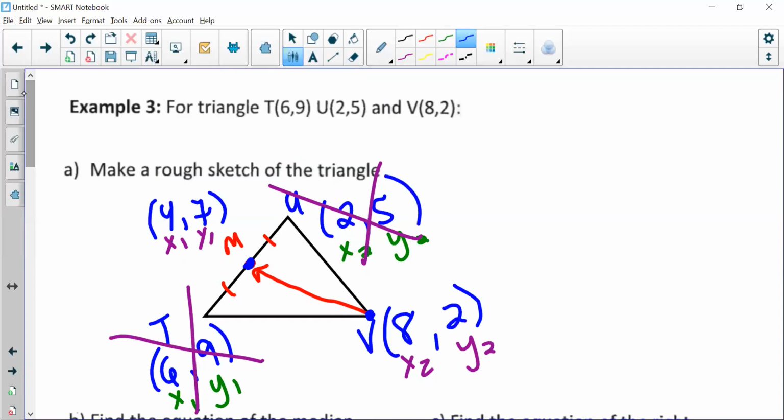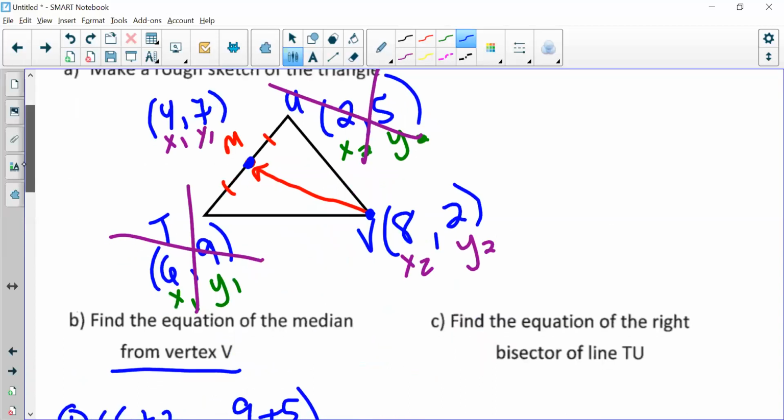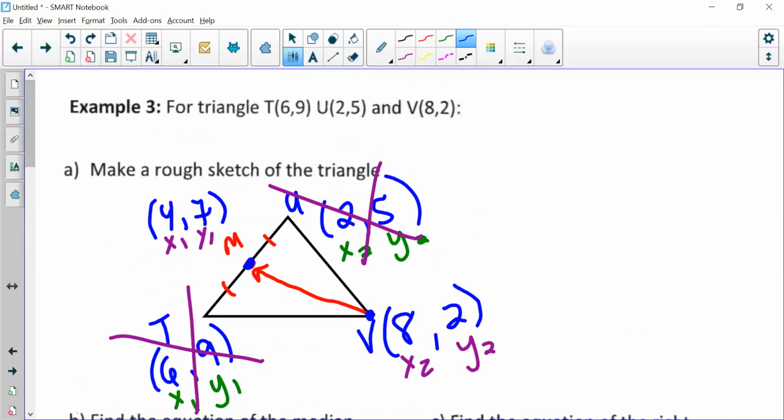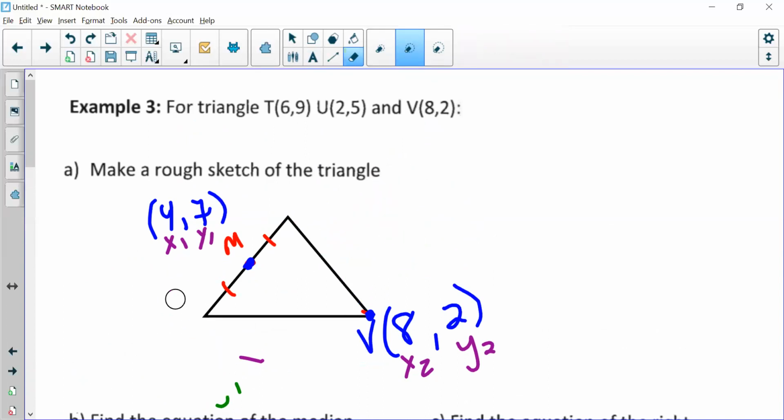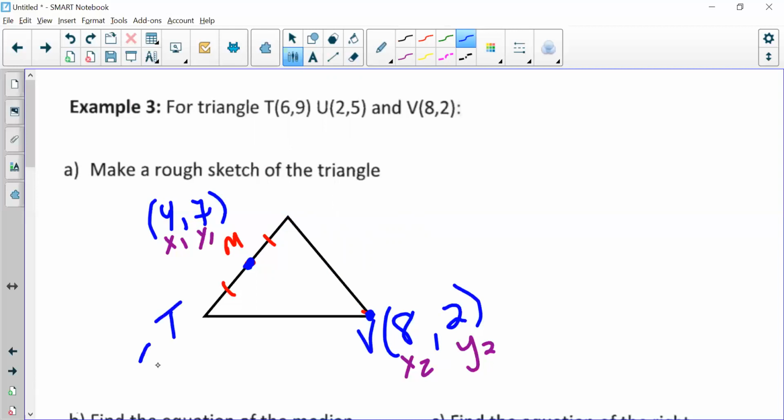Okay, now we have to switch a little bit in our brains to right bisector, and he's telling me right bisector of TU. Okay, let me erase some of what I've done here. Mr. Siki was a little bit nice to us here, guys, because we already have the midpoint found.